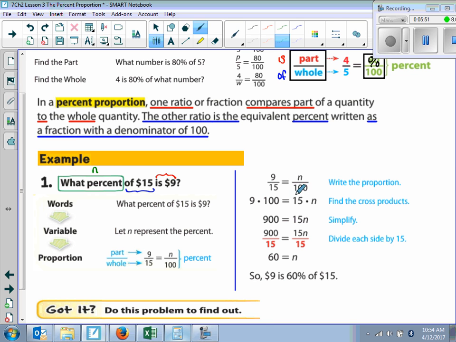That goes over 100, percent over 100, equals the is number, which is the part. That goes in the numerator. And the of number, 15, that's the whole. That goes in the denominator. And then, how do I solve this proportion? You just cross multiply. So when you cross multiply, you end up with 60, and because we're solving for a percent, it's 60%.